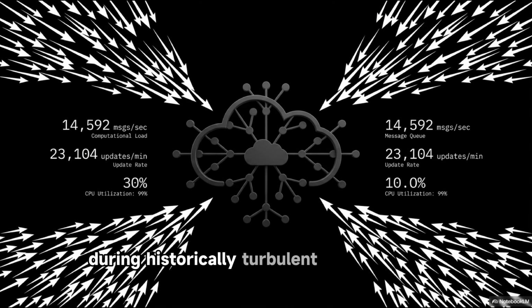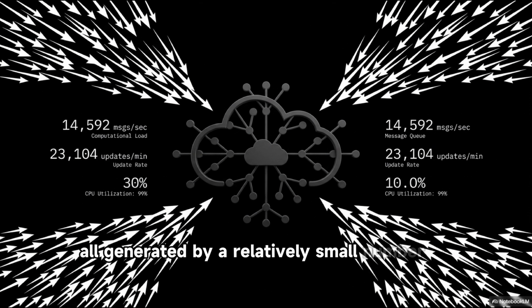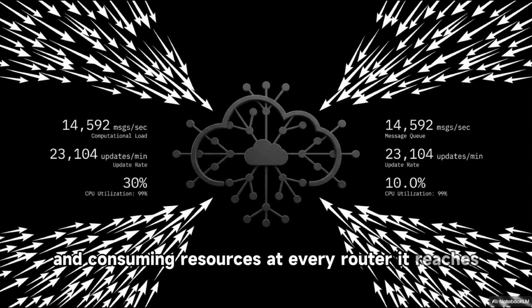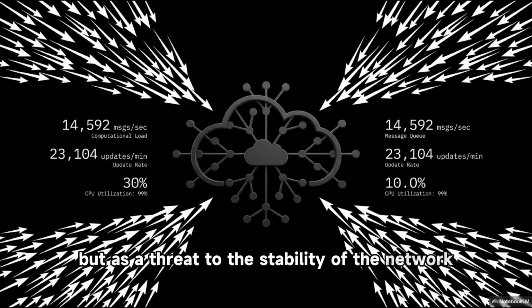During historically turbulent periods in BGP, operators have measured update rates of tens of thousands of messages per second flooding through the global routing system, all generated by a relatively small number of unstable routes, each one rippling outward and consuming resources at every router it reaches. This is why route flapping is treated not just as a local problem, but as a threat to the stability of the network as a whole.